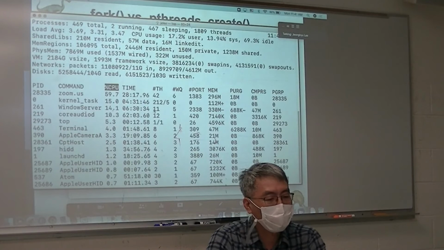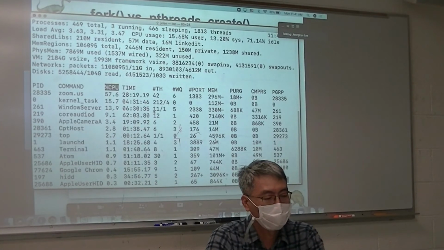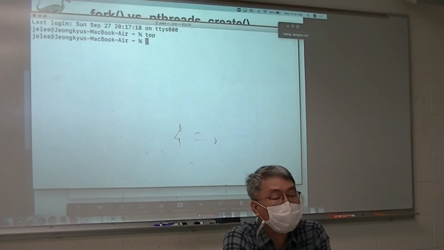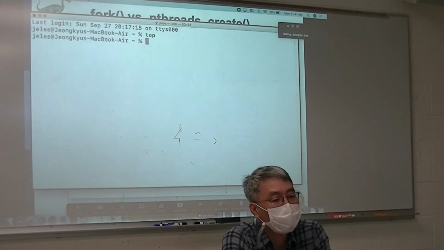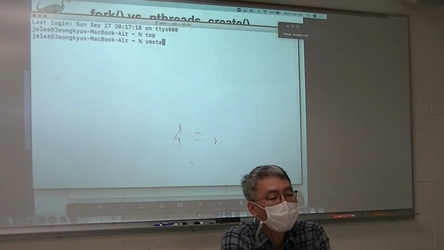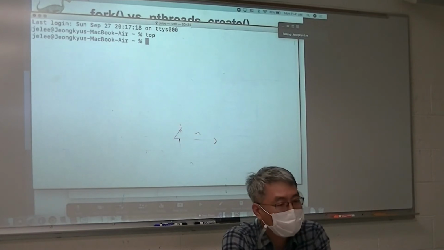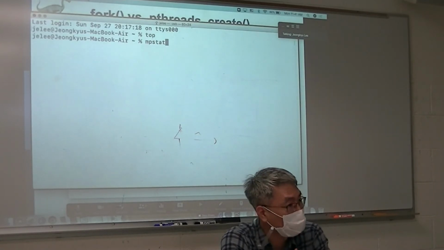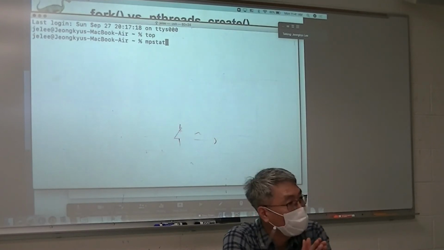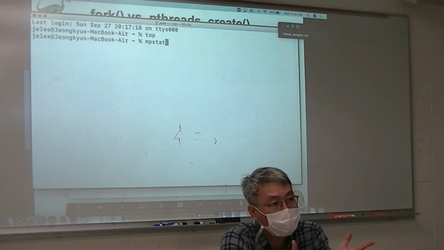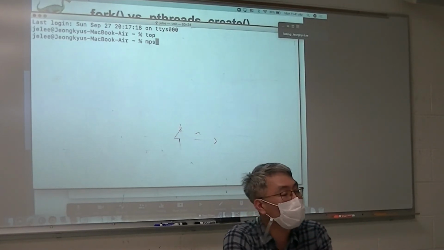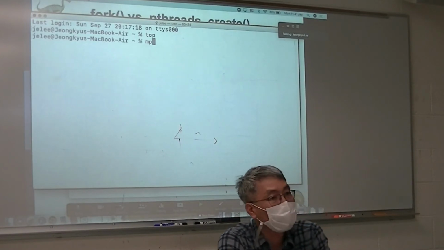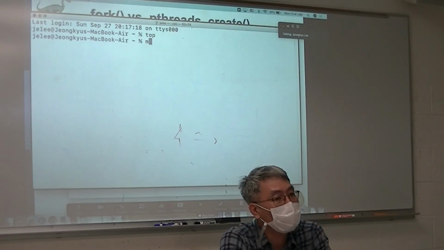Also, if you are using Unix, macOS does not support vmstat or mpstat, which shows multiple processors. I tried to find the application for macOS, but unfortunately it is not supported. Instead, I need to install from source. But if you are using another Linux system, their bash shell supports mpstat or vmstat.